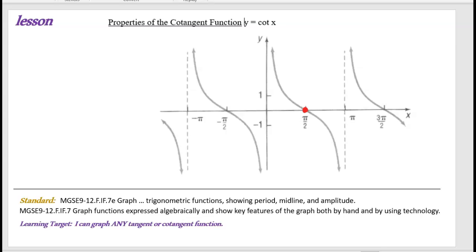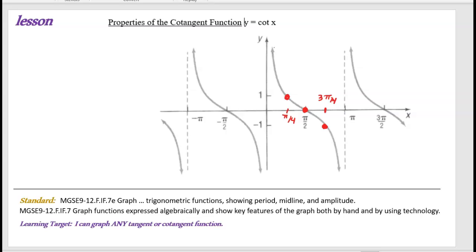So here's 3 pi over 4. Instead of going up 1, 3 pi over 4 goes down 1. And pi over 4, instead of going down 1, it goes up 1 because this function is decreasing. So you have kind of the same pattern.